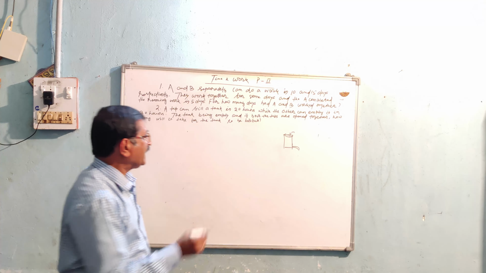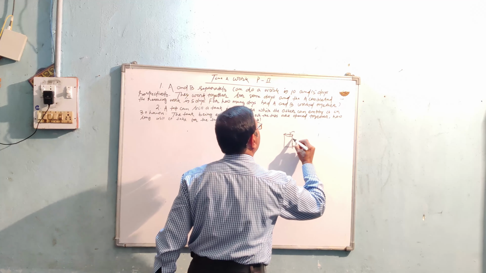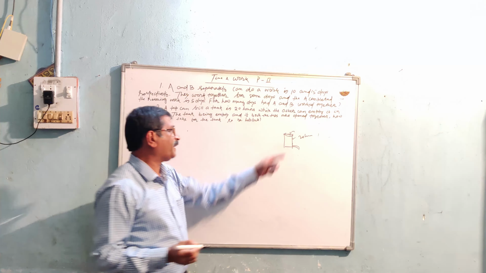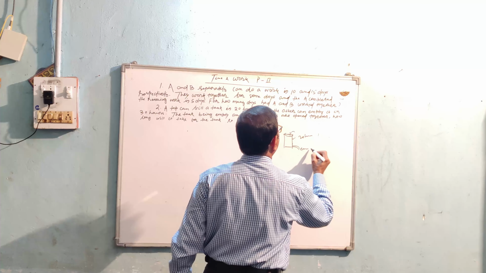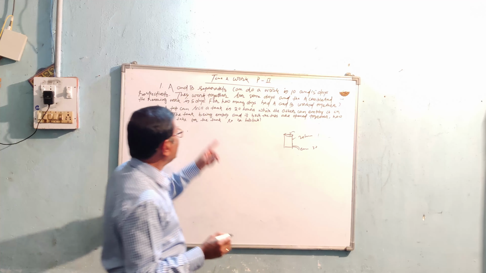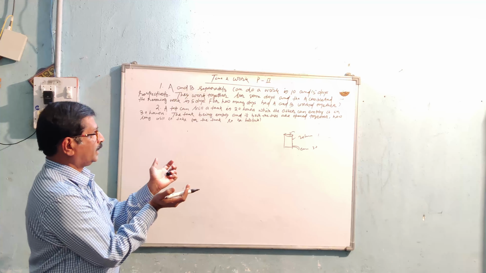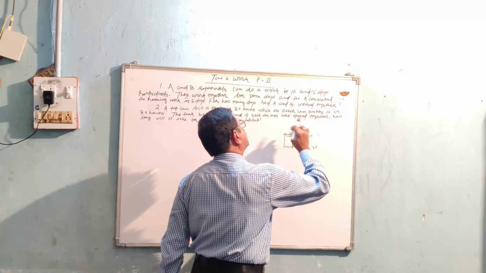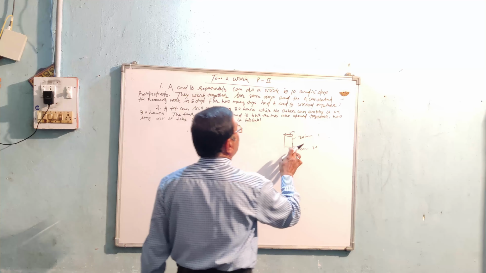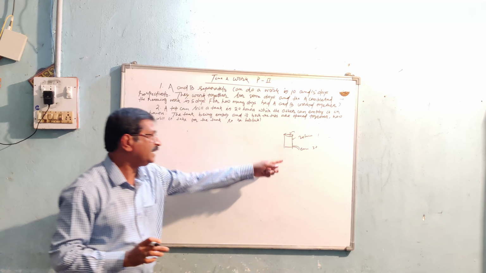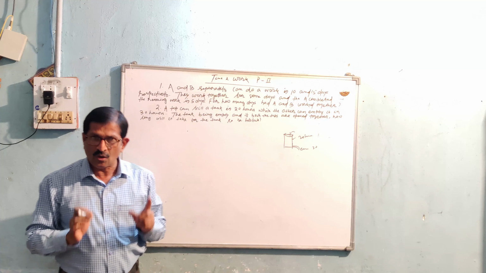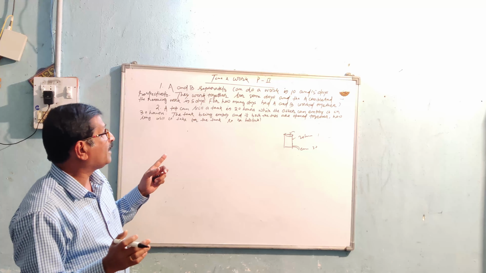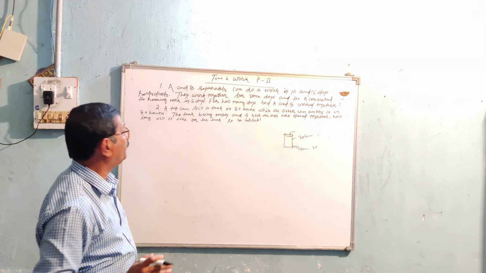This pipe can fill the tank in 20 hours, and this pipe can empty it in 30 hours. If both the taps are open, at the same time water is being poured in and water is being drained by the second tap.